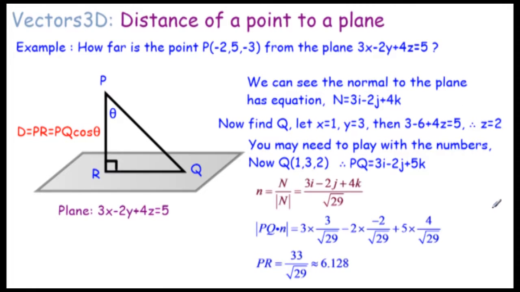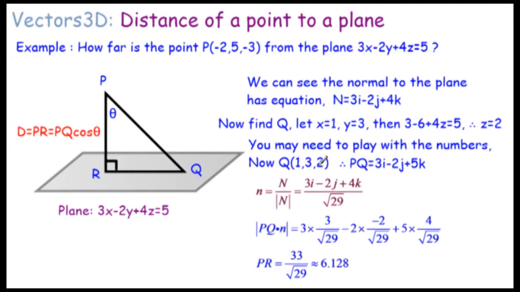Now we have to find Q. You may have to fiddle with the numbers, but if I let x equal 1 and y equal 3 and substitute those into the equation of the plane, 3 times 1 is 3, minus 2 times 3 is minus 6, that's minus 3, put it on the other side, 4z is 8, z is 2. So we now have a point on the plane, Q: 1, 3, 2.